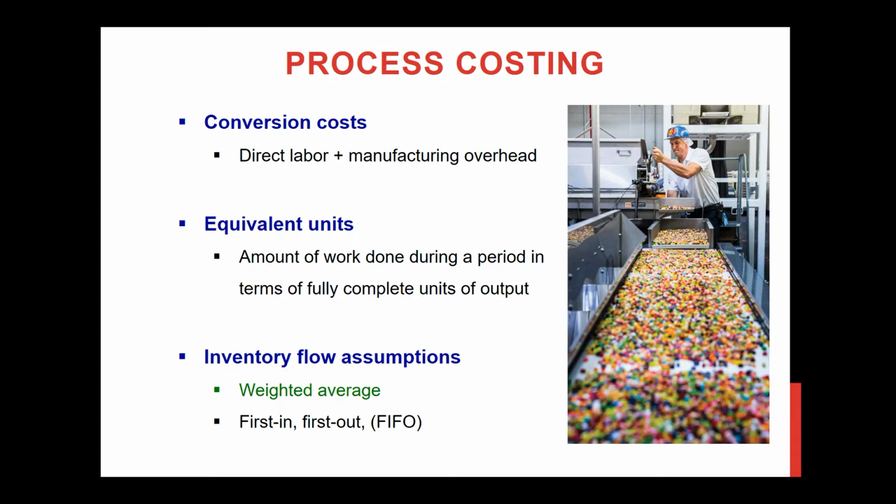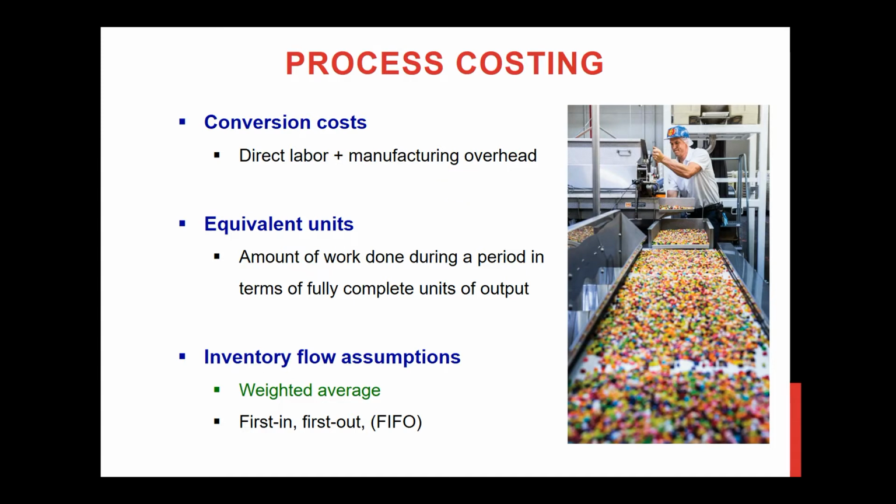On the other hand, direct labor and manufacturing overhead costs, these two together are also known as conversion costs. So in this chapter we will assume these two costs together, and we will call that conversion costs. That means conversion cost is equal to direct labor cost plus manufacturing overhead cost.